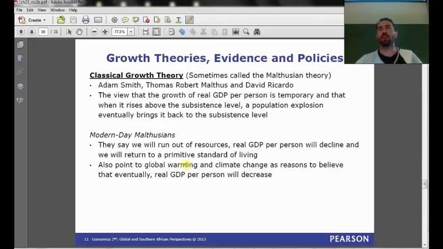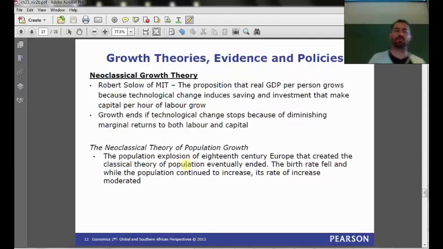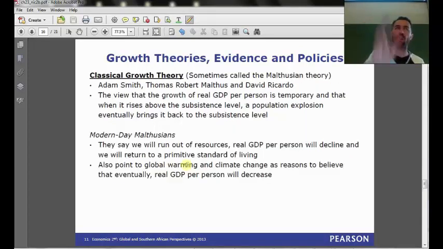Economic growth is going to lead everyone back to the same levels of poverty that we had in the 1800s. Climate change is going to wipe out crops. There's going to be global war. There's not going to be enough water. We're going to tend back to subsistence levels, essentially. Okay, so that's the modern day story. Well, sorry, the modern day version of a very old story.